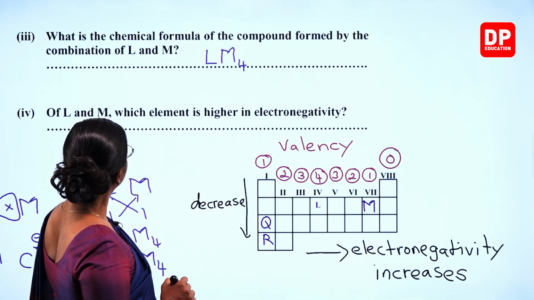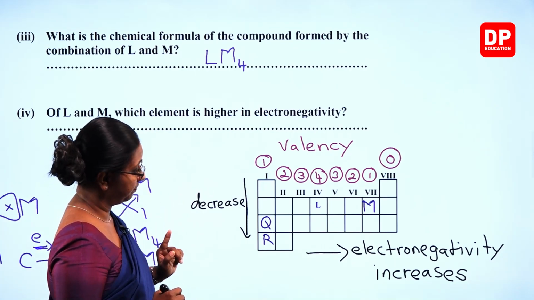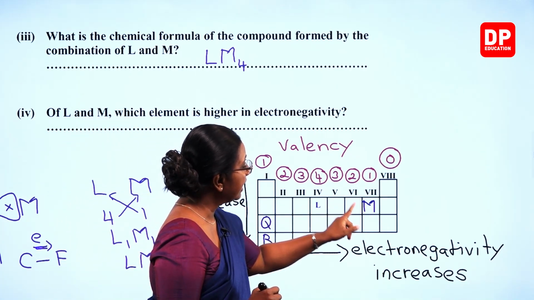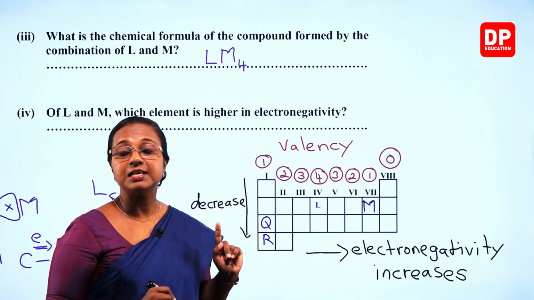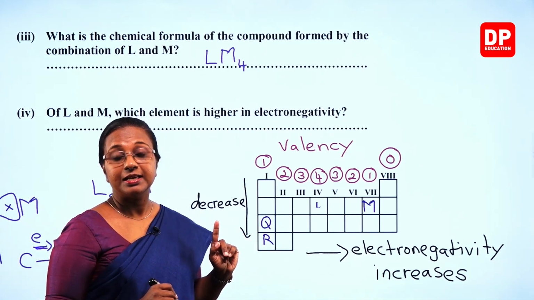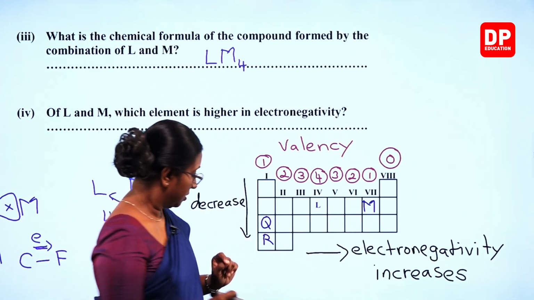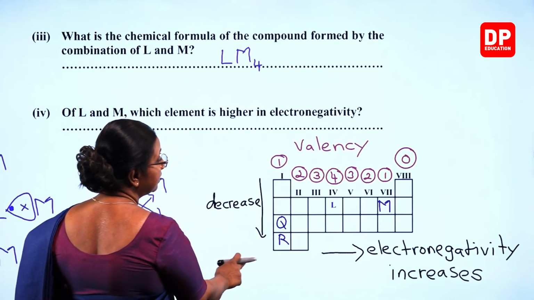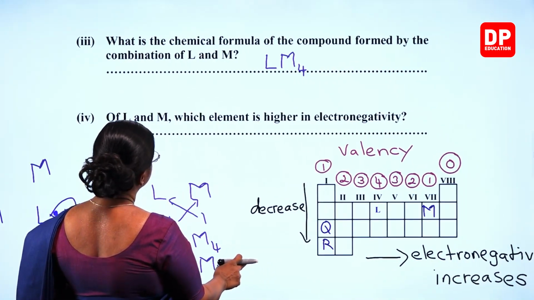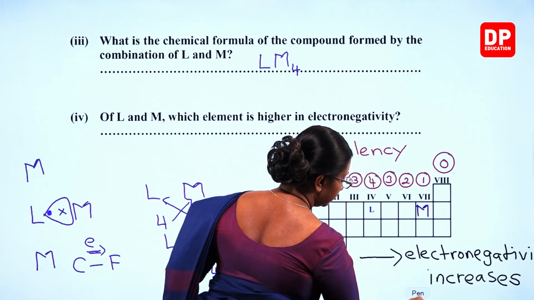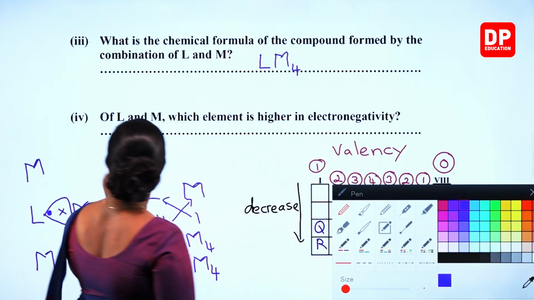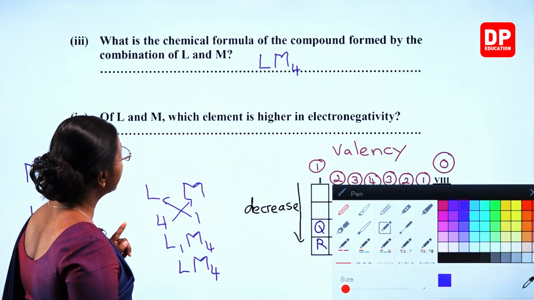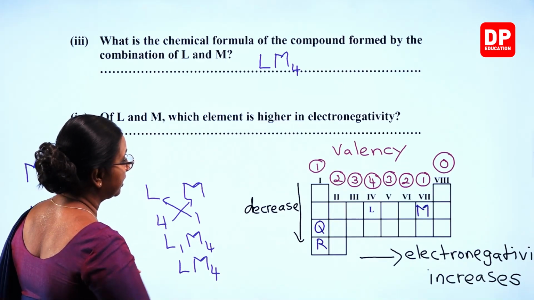So here, if you compare L and M across the period, M will have the highest electronegativity. Is that clear, students? So here, if we write the answer, of L and M, which element is higher in electronegativity?